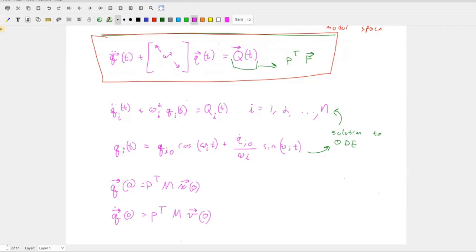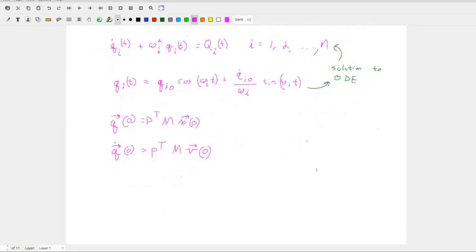That makes sense? I should have color coded this the whole way. This is going to be modal space. And this is your physical space. And this is how you get from one to the other.